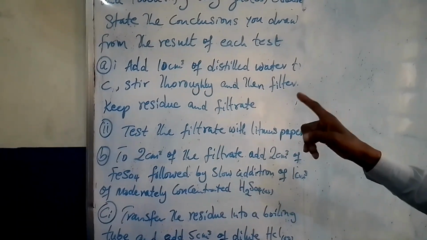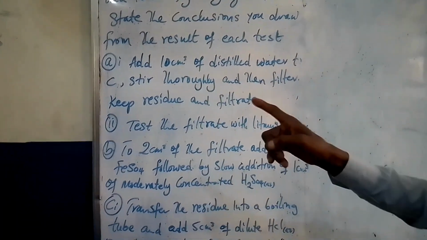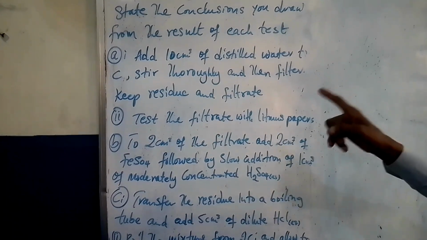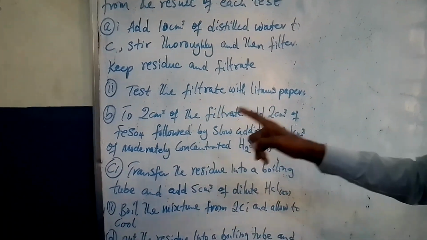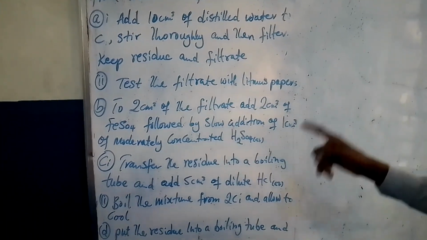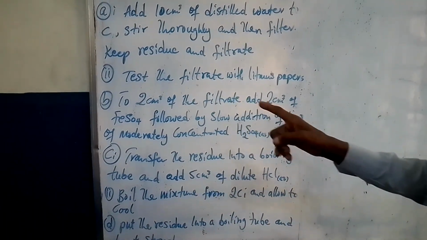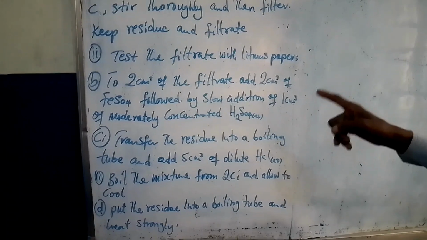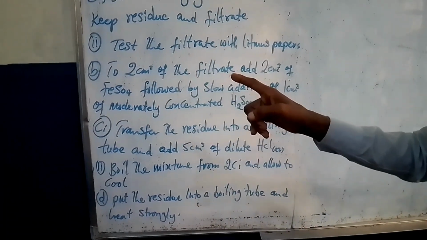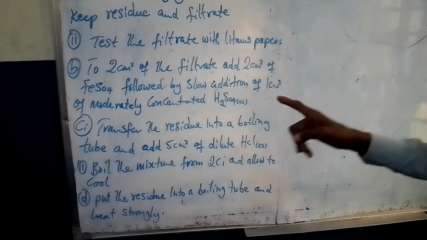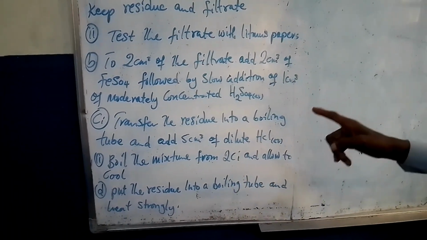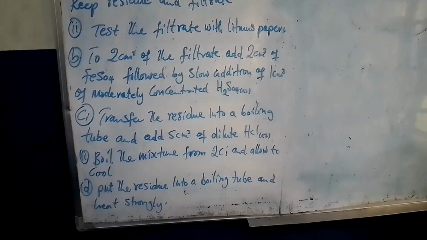Add 10 cm³ of distilled water to C. Stir thoroughly and then filter. Keep residue and filtrate. Test the filtrate with the litmus paper. Then to 2 cm³ of the filtrate, add 2 cm³ of iron sulfate, followed by slow addition of 1 cm³ moderately concentrated tetraoxosulfate VI acid.